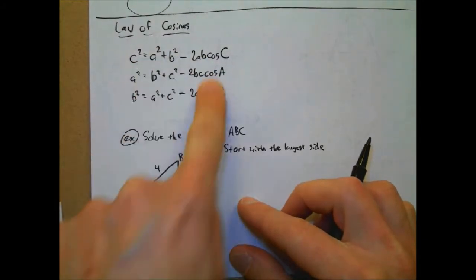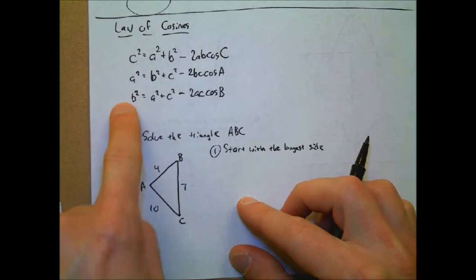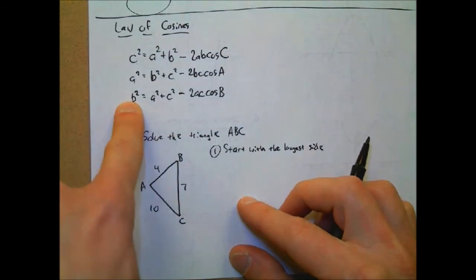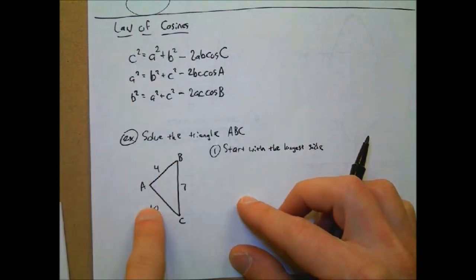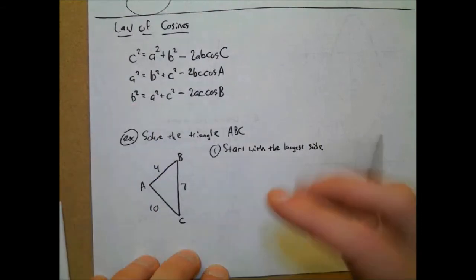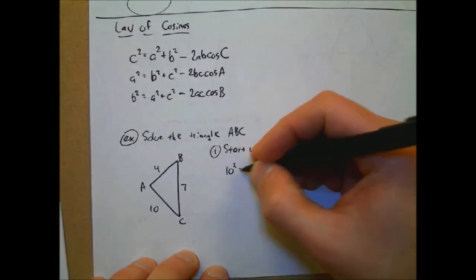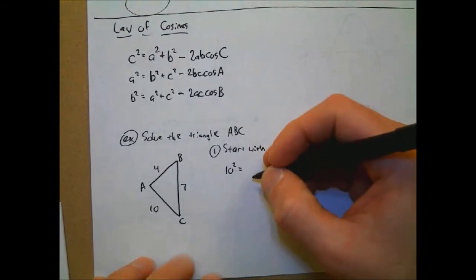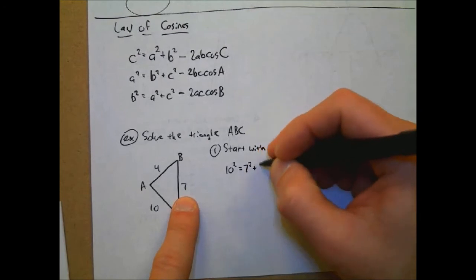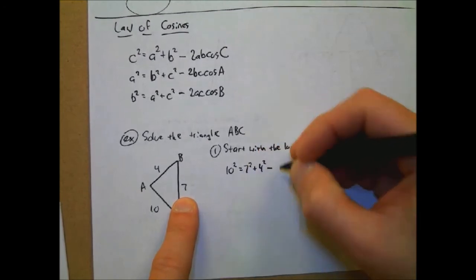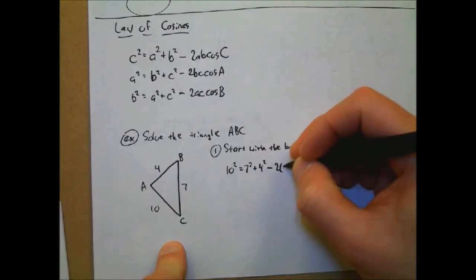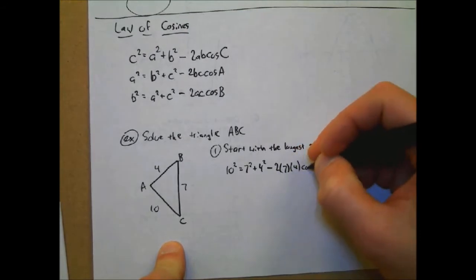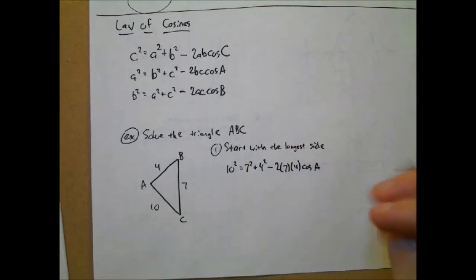I'm going to use the b squared version of the formula because 10 is side b. This is little b, so I'm going to use the b squared formulation. So we put 10 equal to 7 squared plus 4 squared minus 2 times 7 times 4 cosine of angle A. Oh, I mean B.